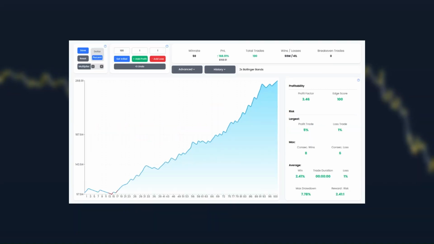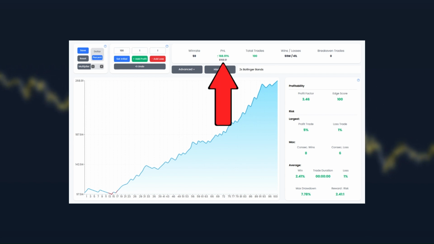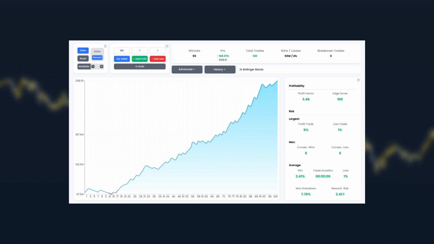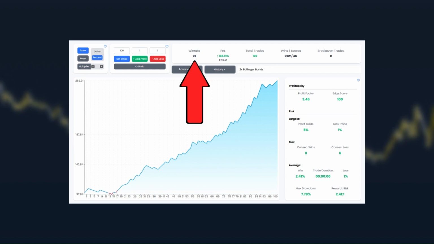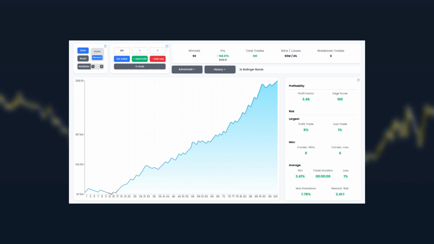Here are the results from taking 100 trades with this super easy double Bollinger Band strategy. And you can see overall we landed 186% on the account, starting with a nice small amount of $100 as it is a beginner strategy, and we landed an almost 60% win rate, 59 wins and 41 losses.